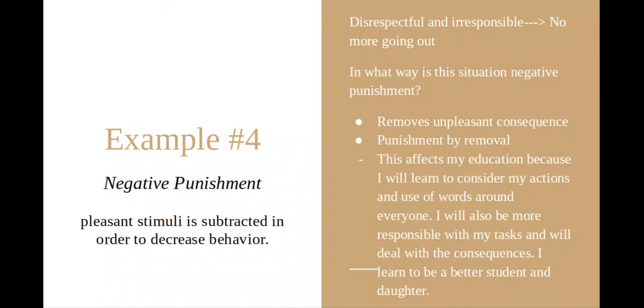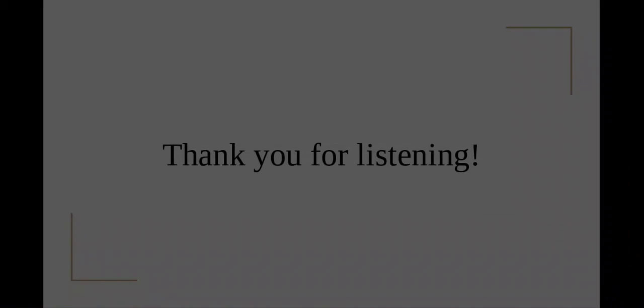So it cancels each other out, and you will learn something at the end of the day, which affects your education. This affects my education because I will learn to consider my actions and use of words around everyone. I will also be more responsible with my tasks and I will deal with the consequences. I learn to be a better student, daughter, and furthermore.